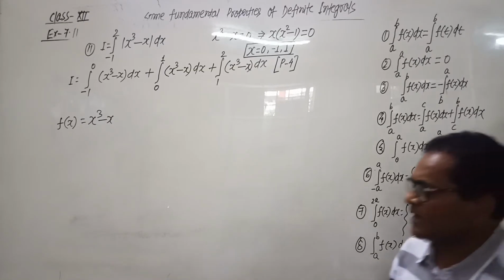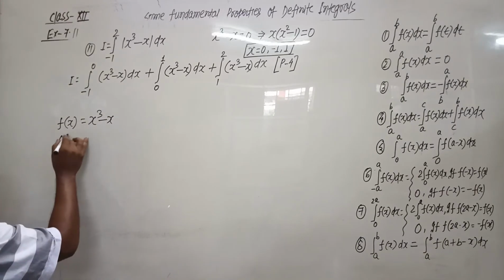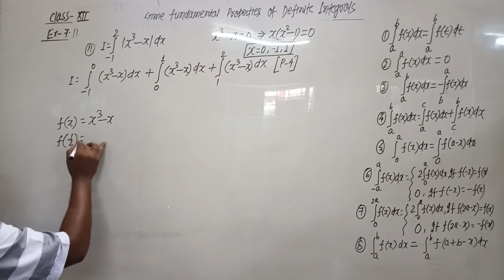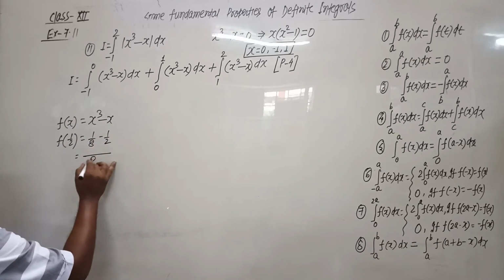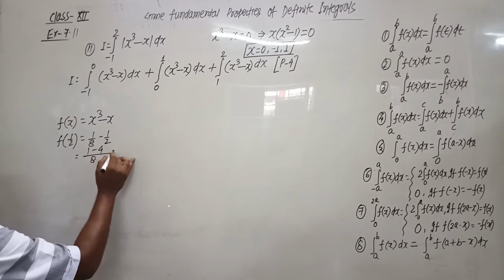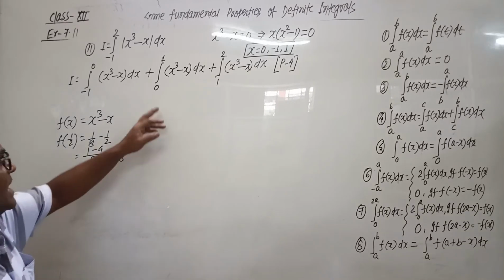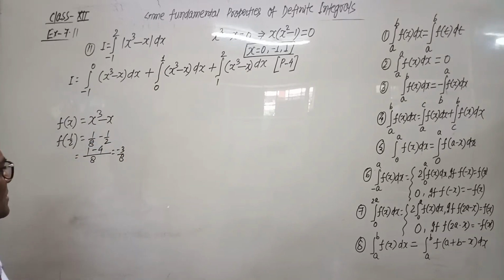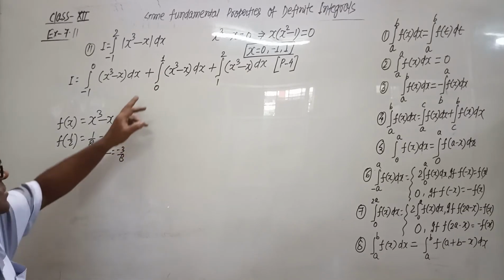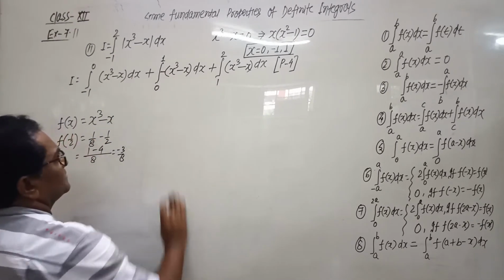So let us take 1/2 and put x = 1/2. We get f(1/2) = 1/8 - 1/2. LCM 8, 1 - 4, which is -3/8. So when we take a value between 0 and 1, we get a negative, so its sign would become minus.